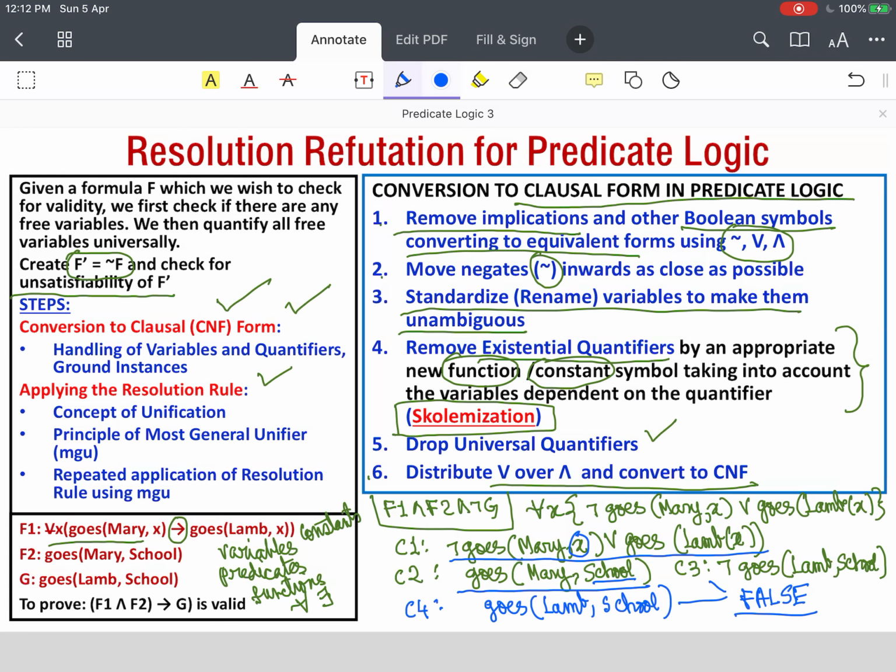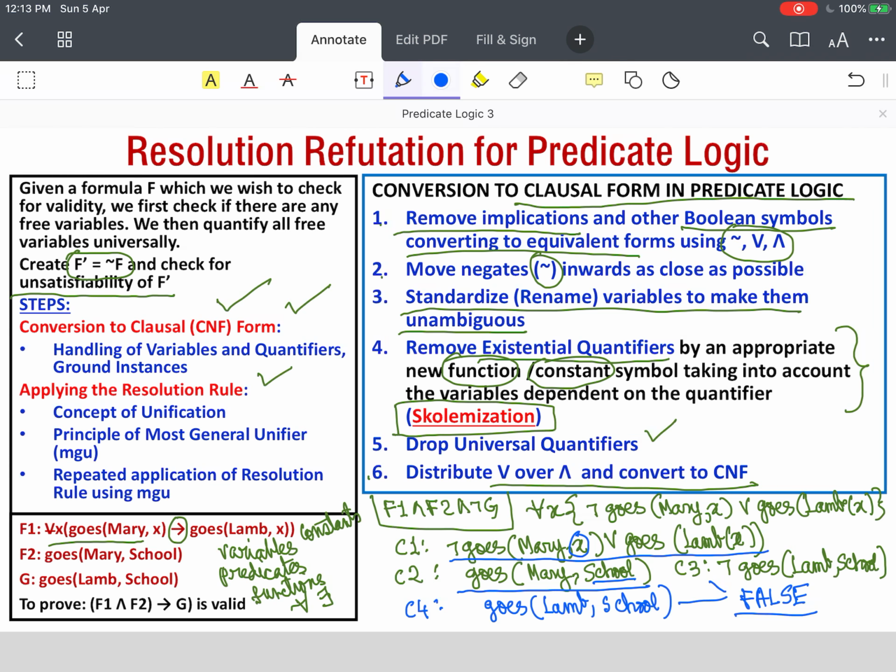So this is just a simple small example by which we can show how we do the clausal form conversion and the resolution refutation in predicate logic. In this example, we did not use existential quantifiers, but we will need to use them in other functions.